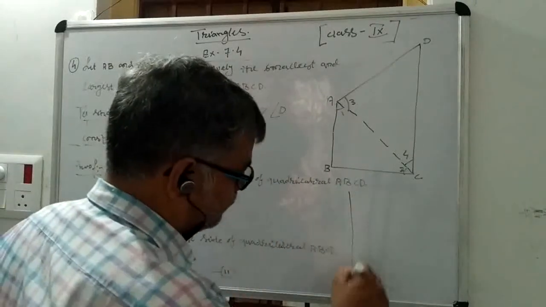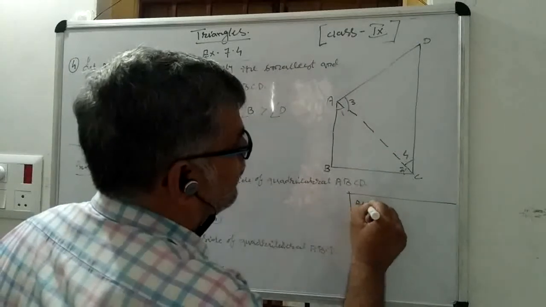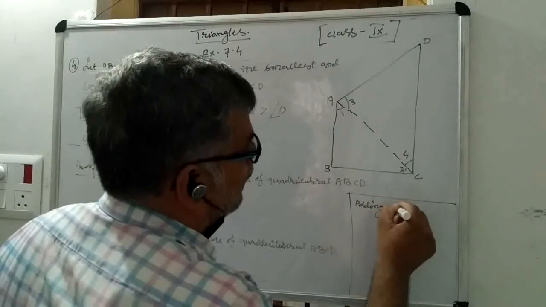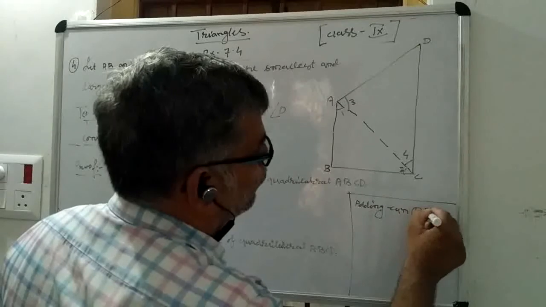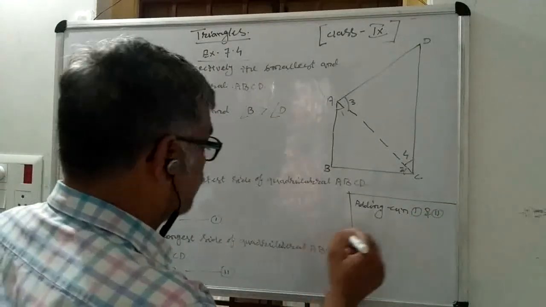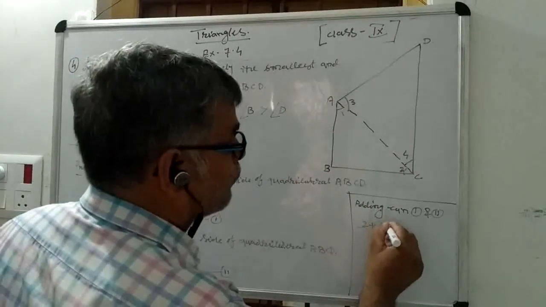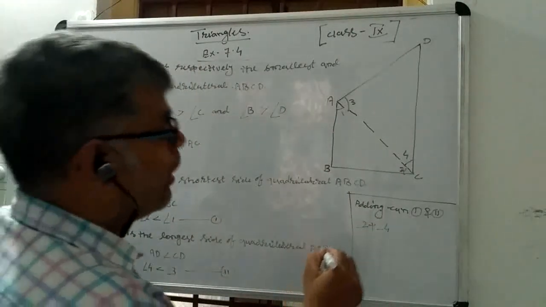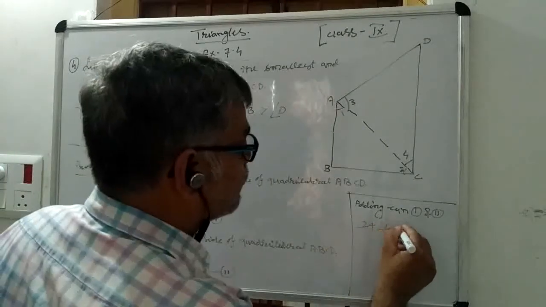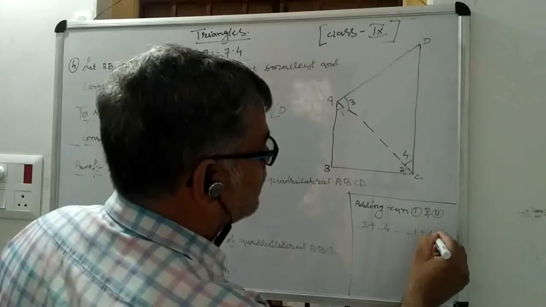See here, adding equation 1 and 2. When we add equation 1 and 2, we will get angle 2 plus angle 4 is smaller than angle 1 plus angle 3.